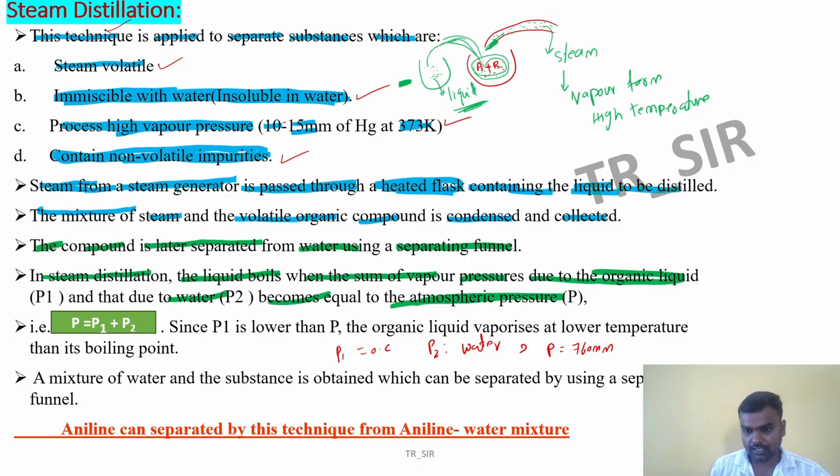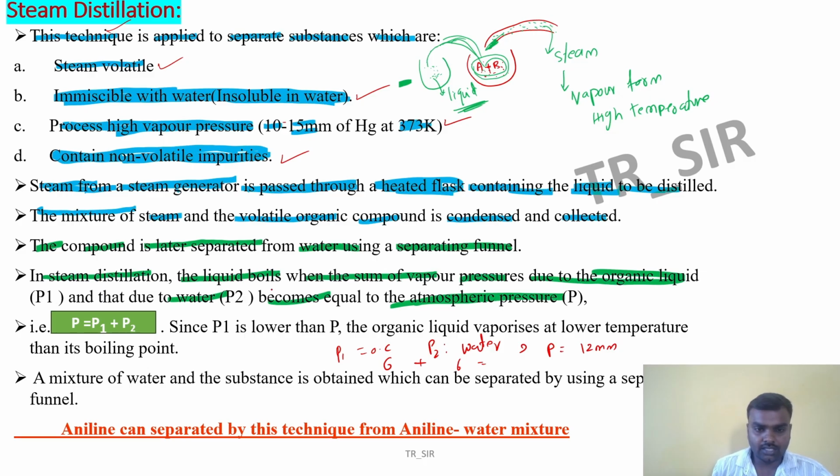Else we can take, let us say, external pressure of 12 mm of Hg. If this is 6 mm and this is 6 mm, then 6 plus 6 becomes 12. That's the point of meaning here.